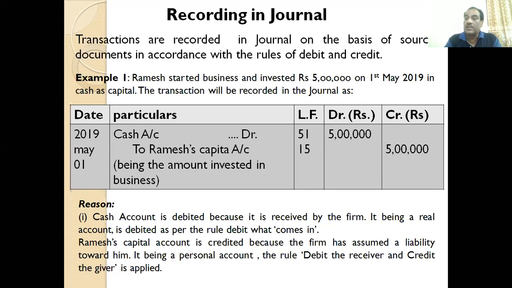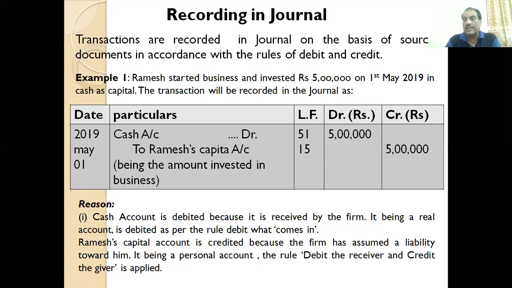In the business account, there is a cash account, and Ramesh is the person whose account is also maintained separately. So Ramesh started a business by investing rupees 5 lakhs. So we have first written, as per the norms, the year, month and date. Then here we need to understand the nature of the account.